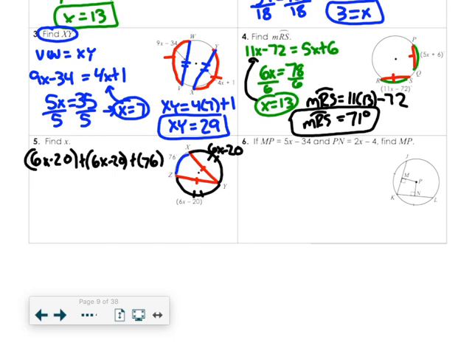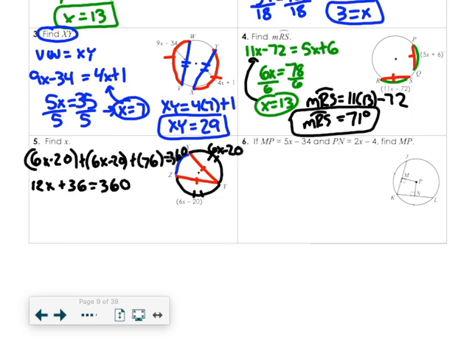We're going to set all of that equal to 360, and we're going to solve from there. So the two 6x's add to be a 12x, and then I have a negative 20, another negative 20, and a positive 76. Those are going to add to a positive 36, and that's going to be equal to 360.